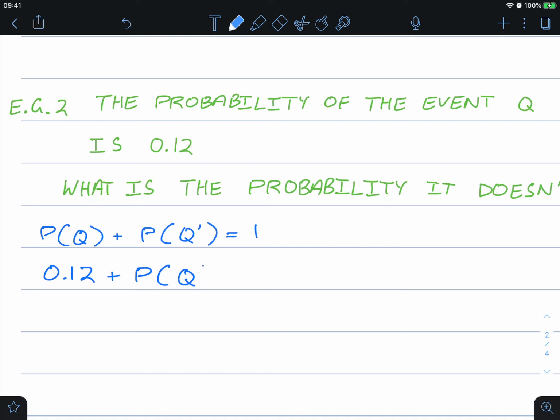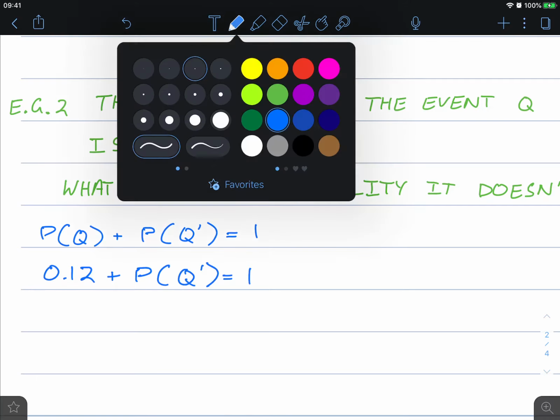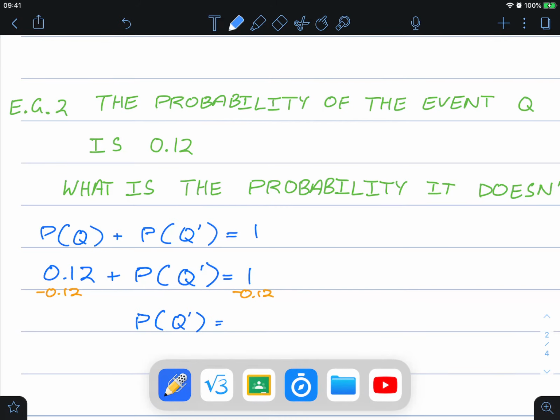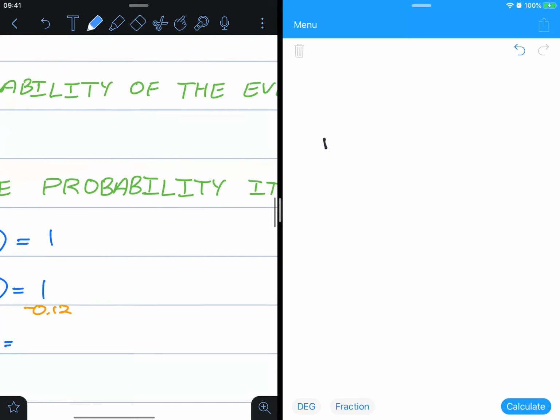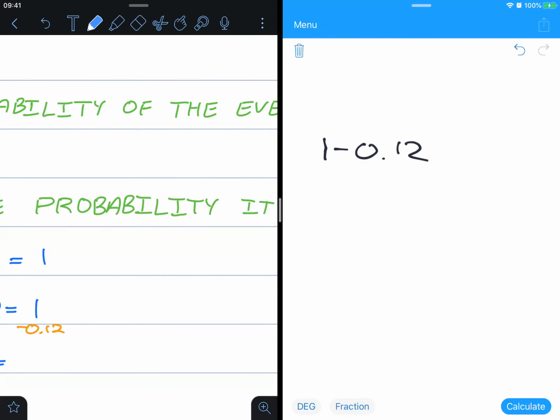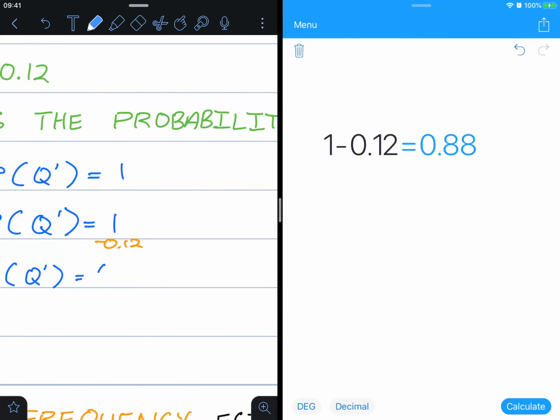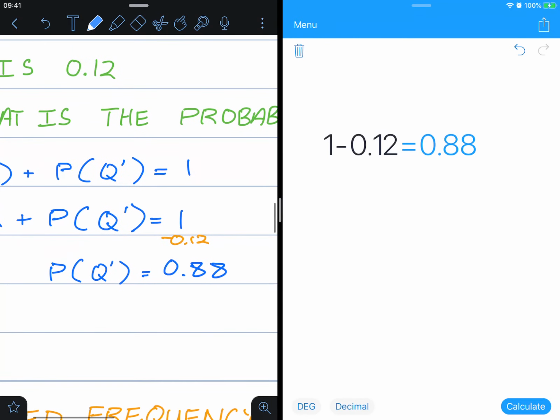Subtracting both sides by 0.12, we get the probability of not Q is 1 minus 0.12, in decimal, 0.88. So the probability of not Q is 0.88.